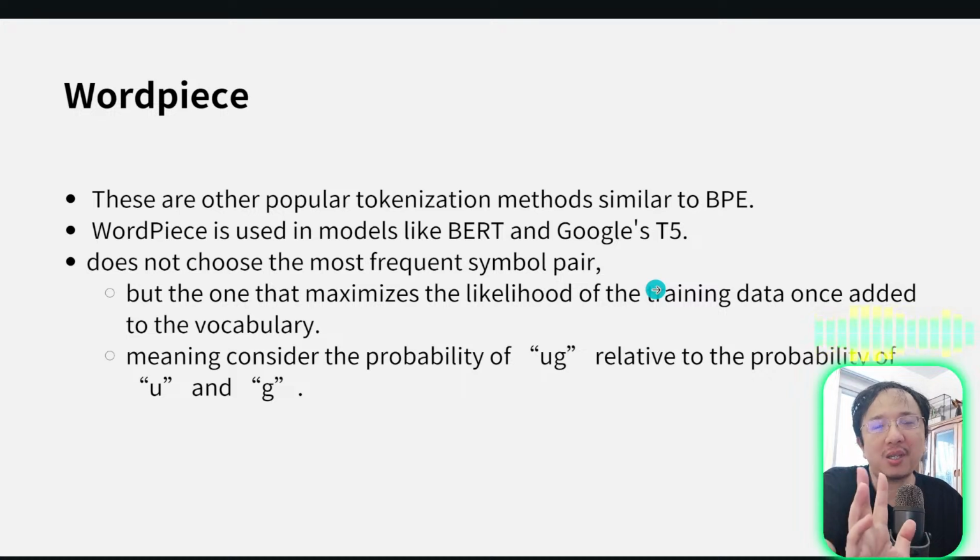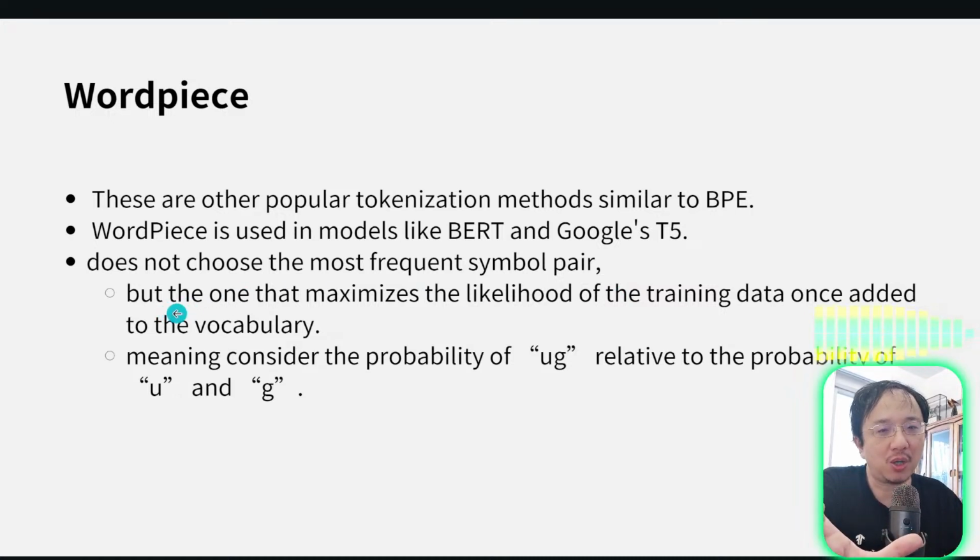The only difference between WordPiece and BPE is that when we choose the new token, we are not choosing the most frequently appearing token. We are choosing the pair of tokens that is going to maximize the likelihood of the training data once added to the vocabulary.